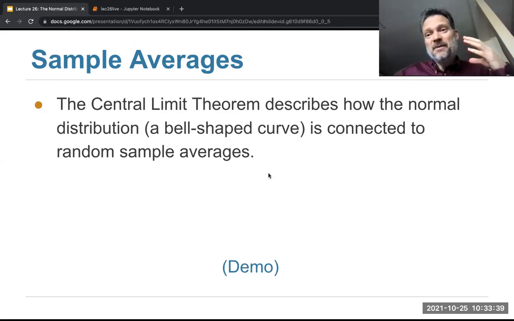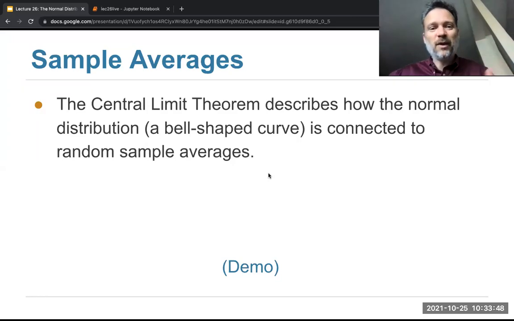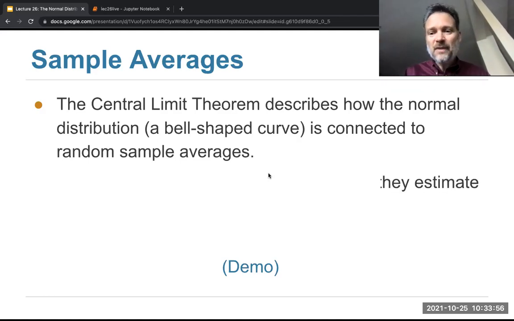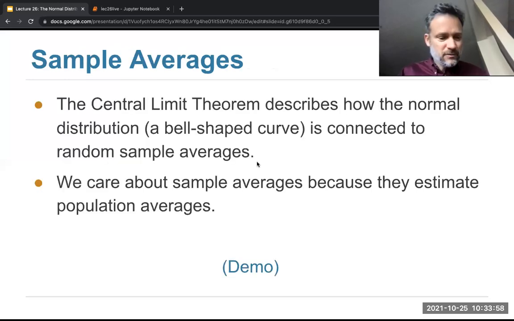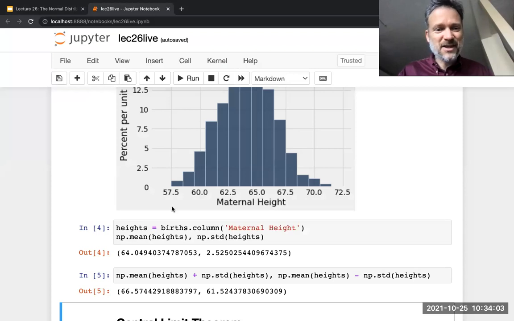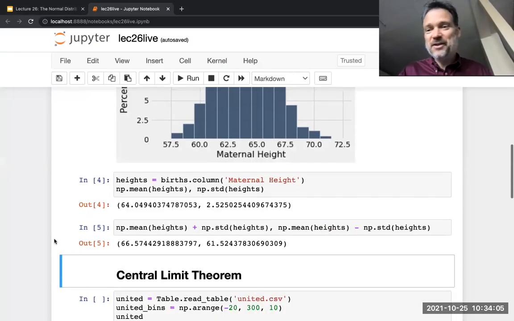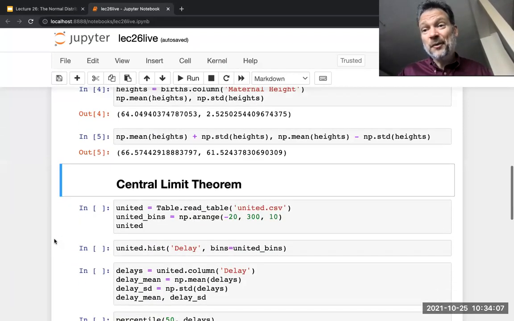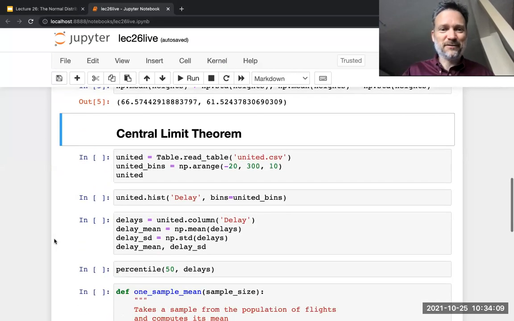And something called the central limit theorem gives us a prediction, actually a mathematical formula for what will happen. It says that sample averages are connected to bell-shaped curves. I want to give you the chance to discover for yourself the central limit theorem, and in particular, what's going on with sample averages and bell-shaped curves.